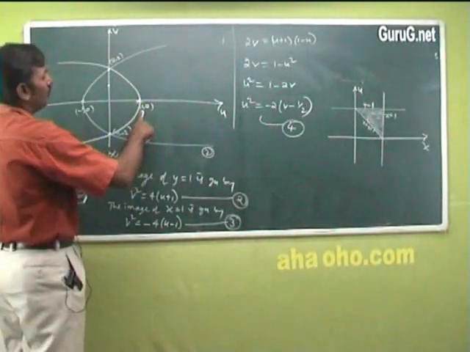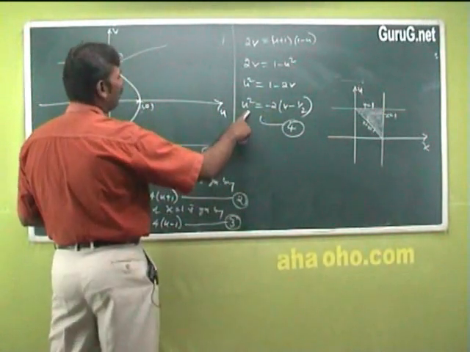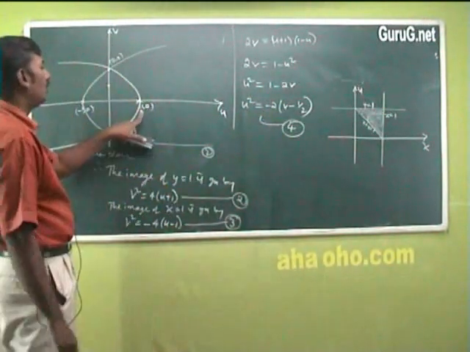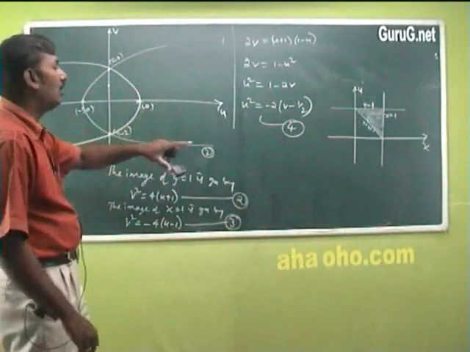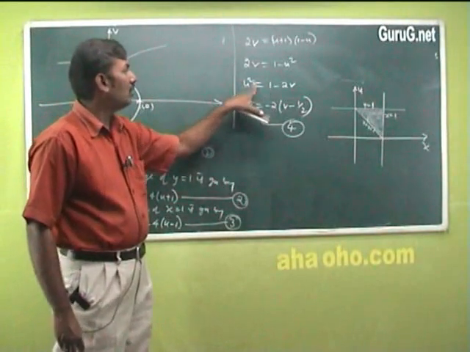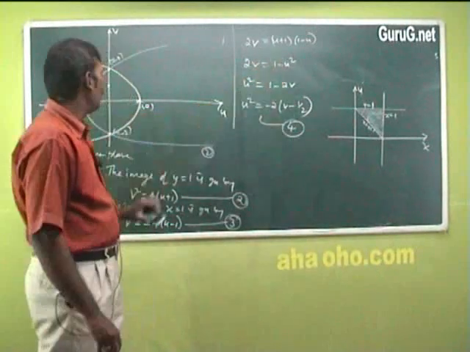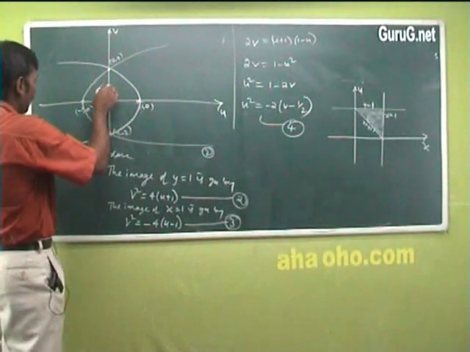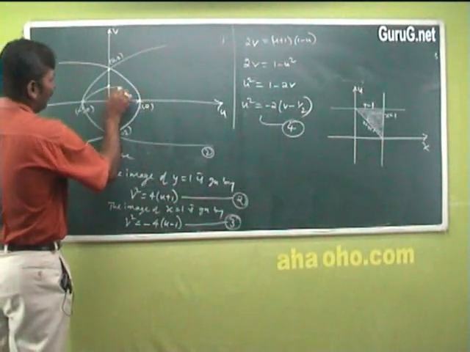Put u equal to 1 in this, you may get v equal to 0. Sorry, yeah, put u equal to 1 in this, you may get v equal to 0. Therefore obviously the parabola passes through this point.